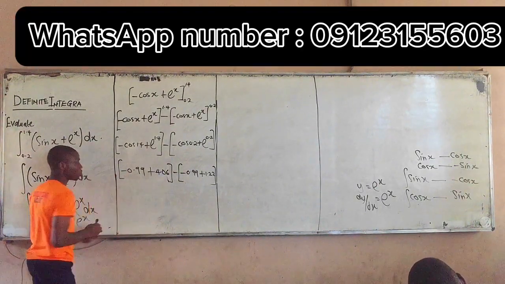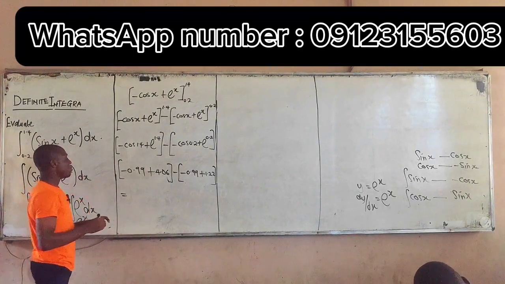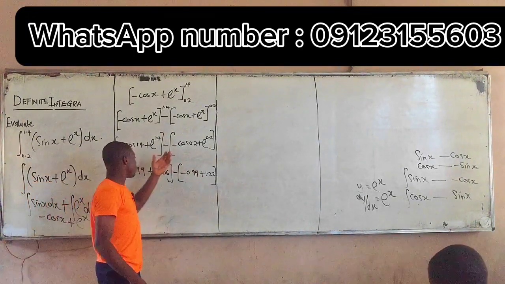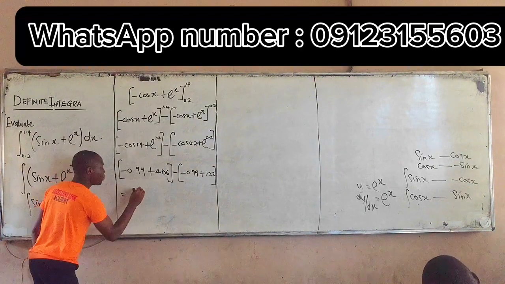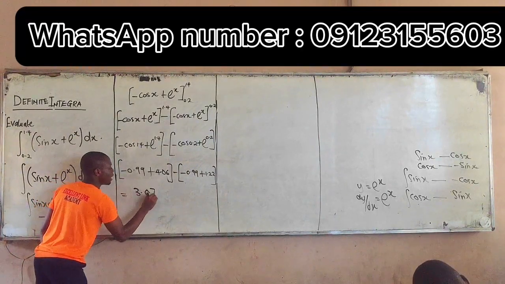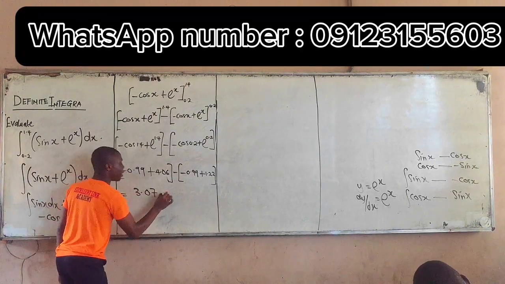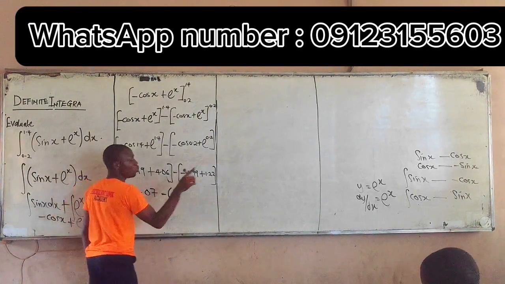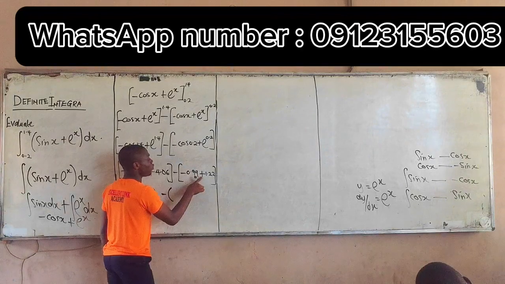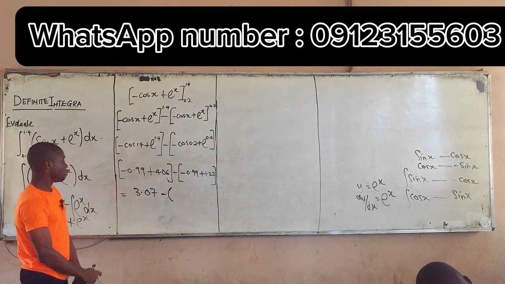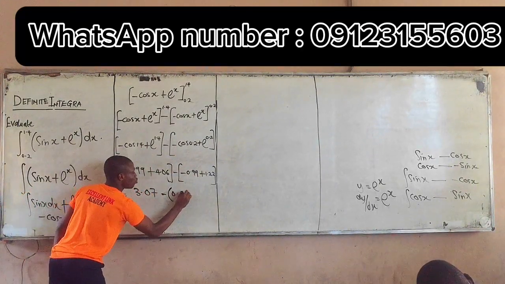That is 3.07. Now, minus 0.99 plus 1.22 is 0.23.